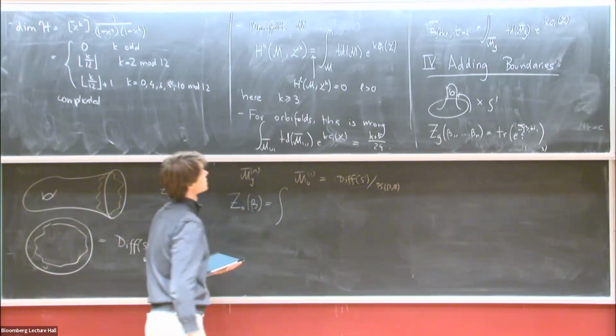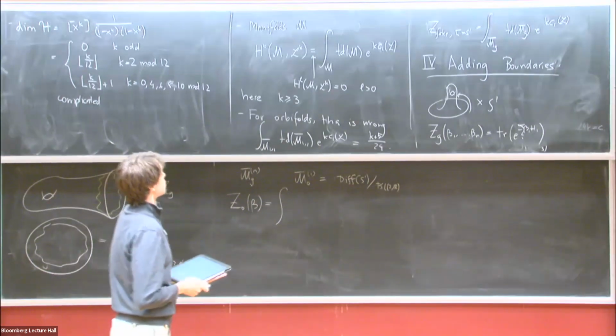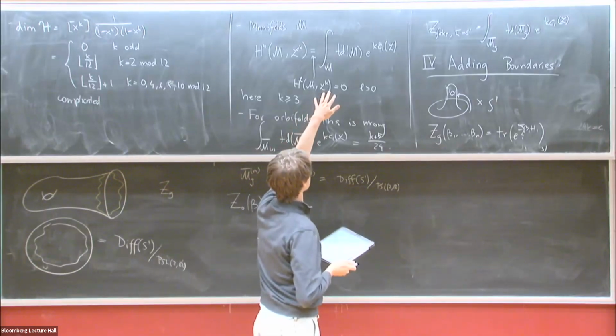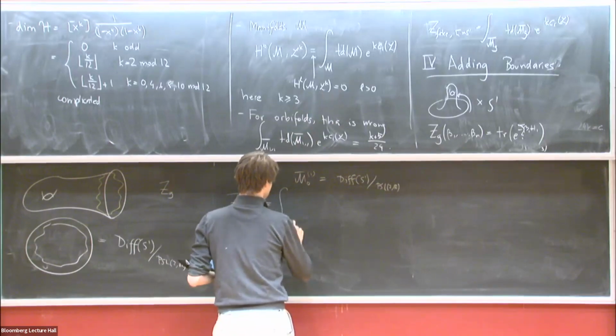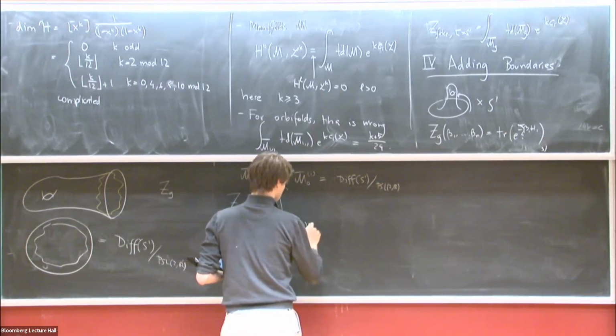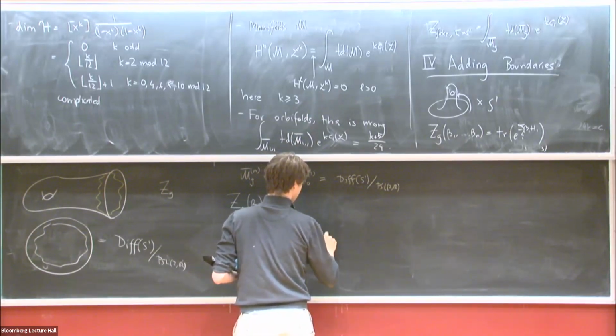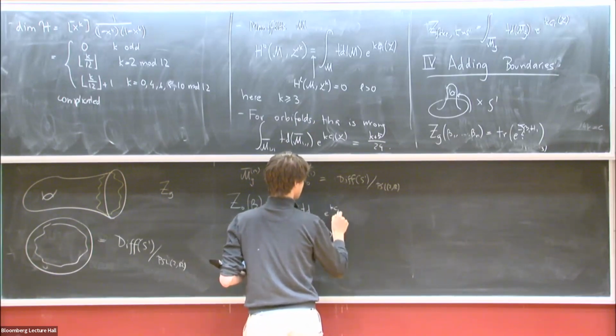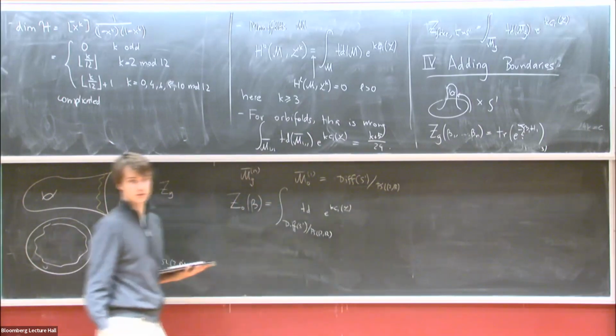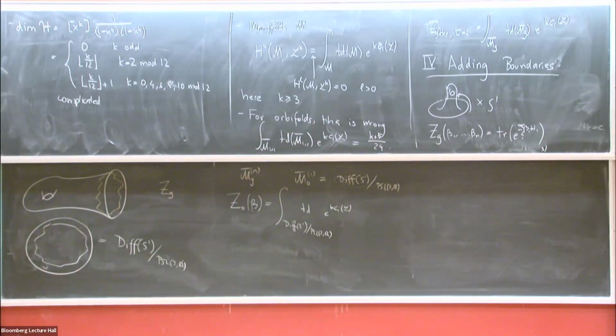And so we can use the same strategy. One strategy is to compute these integrals. So we can compute an integral over Diff S1 mod PSL2R of the top class times e to the c1. There is still a Peterson form on this infinite dimensional space.